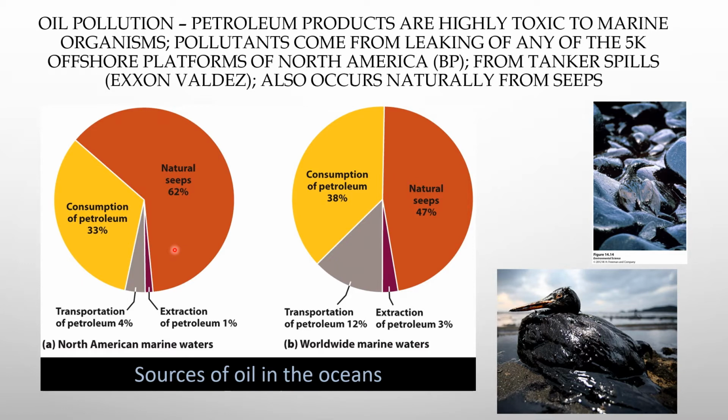So there is a lot of oil already in the ocean, but it's been controlled by the ocean, right? And then in our country, about 30% of the oil that is actually in the waters is because of us consuming petroleum. And then there's a little from transportation and extraction.